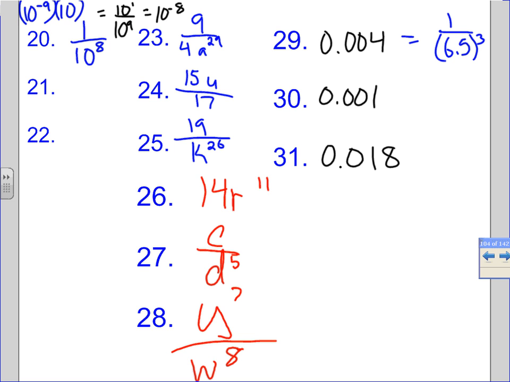Yeah, I have that as my answer too. Yep. Okay, number 21, Briar, what'd you get? Good job. 10 to the negative 7. 22, Emma H., what'd you get? Good. How did you do that one?